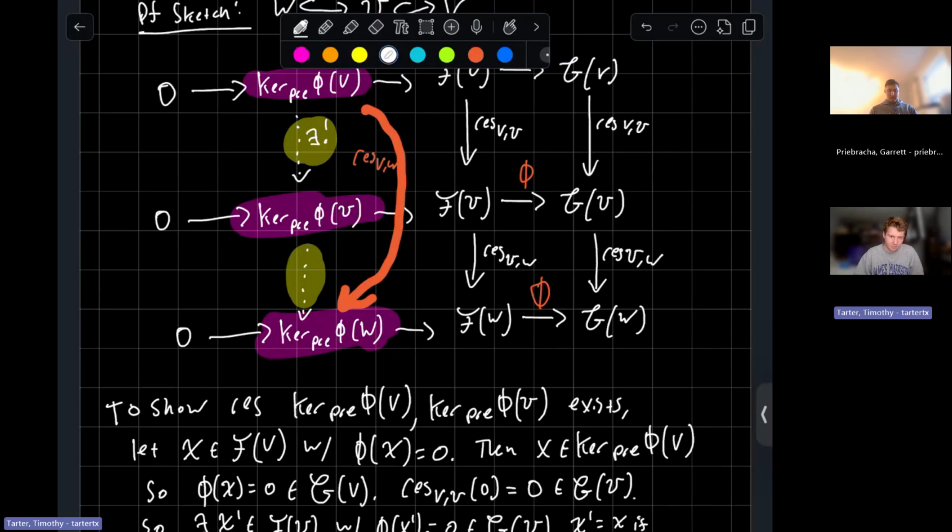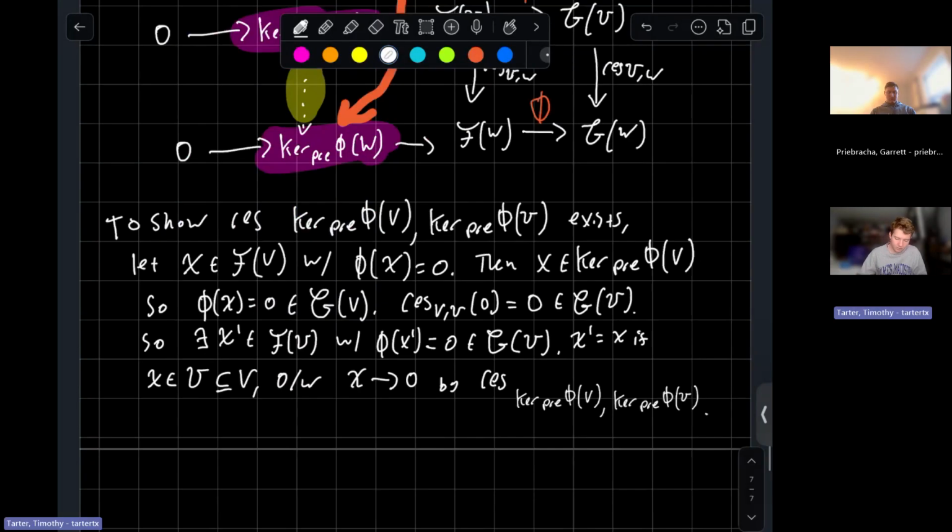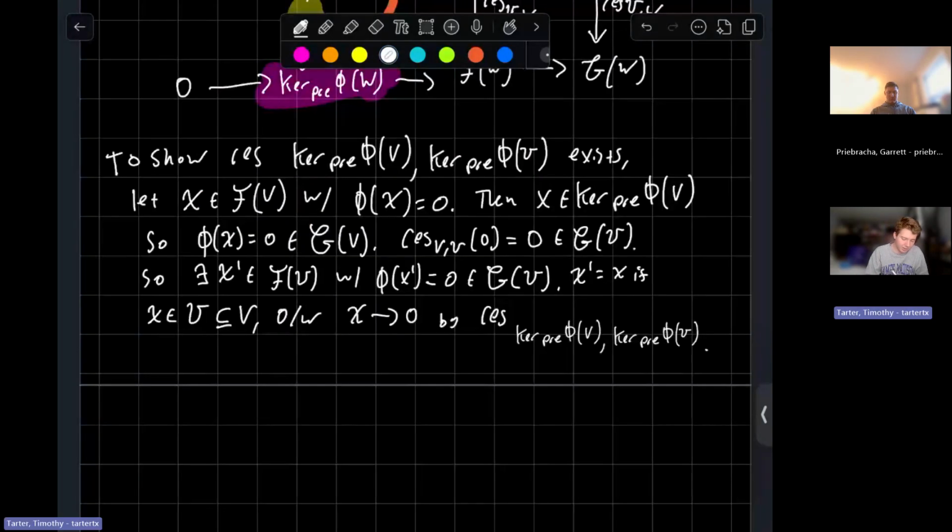And then, yeah, to get down to W, we just kind of diagram chase twice. So I'm just going to say that composition of res maps just works.